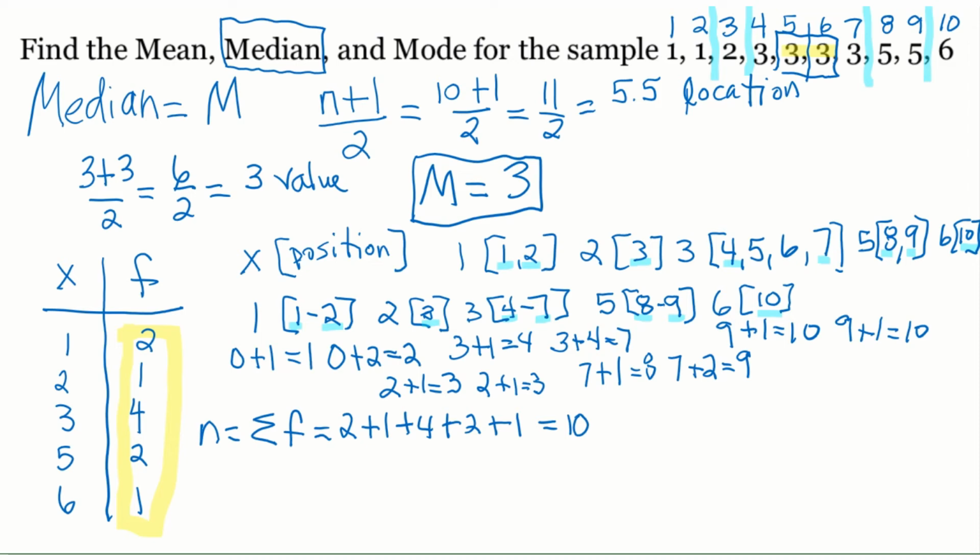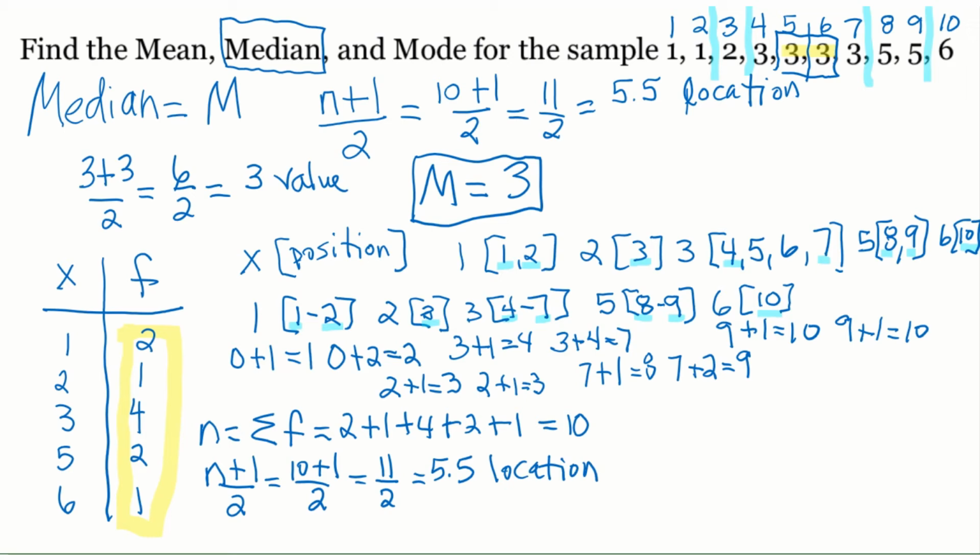So we're going to solve it the same way that we did before. Now that we've got the sample size from our frequency table, we're going to take our n plus 1 divided by 2. So that's 10 plus 1 divided by 2 equals 11 divided by 2 equals 5.5. So once again, this is the location.